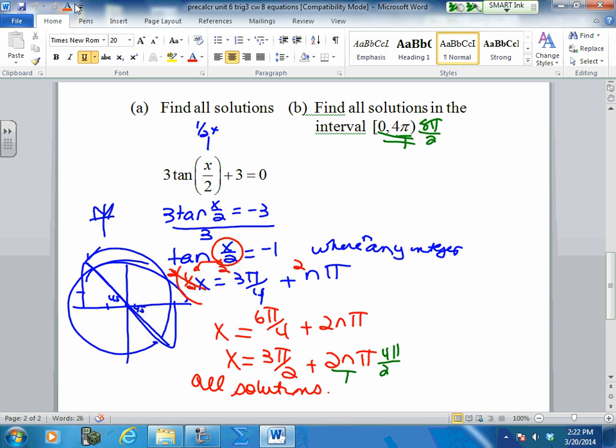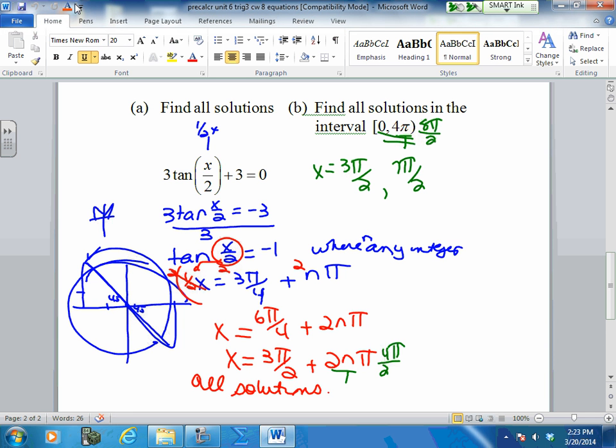So each time we're going to add 4 pi over 2. So we're going to take your 3 pi over 2 and we're going to add 4 pi over 2. And does it become less than your 8 pi over 2? Then we're okay.